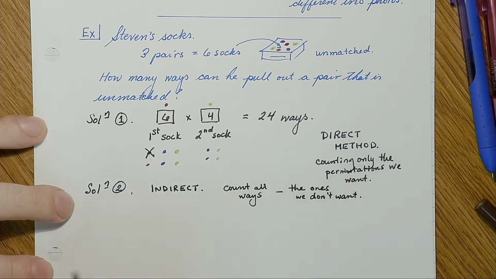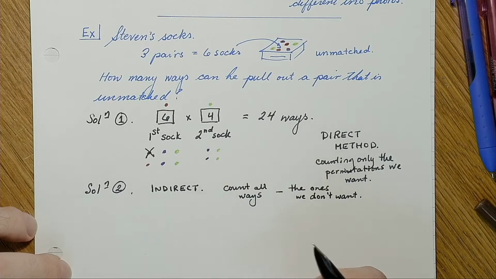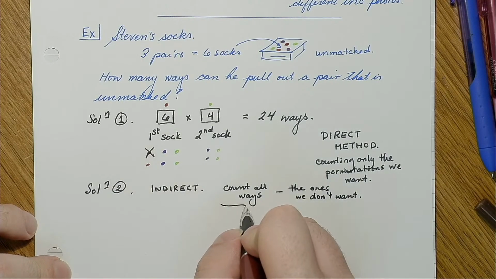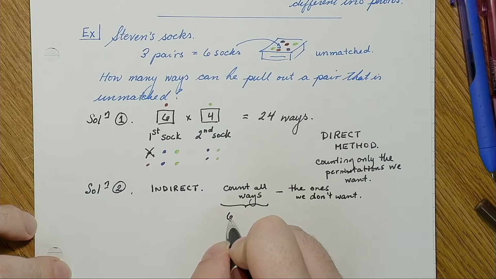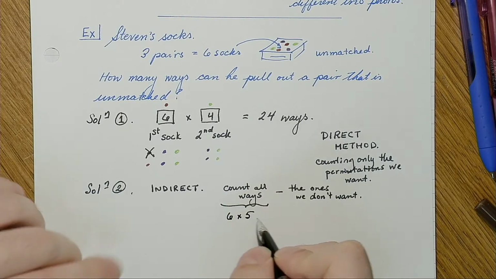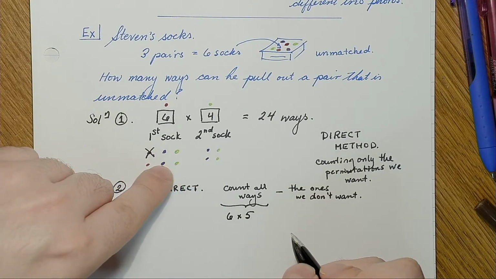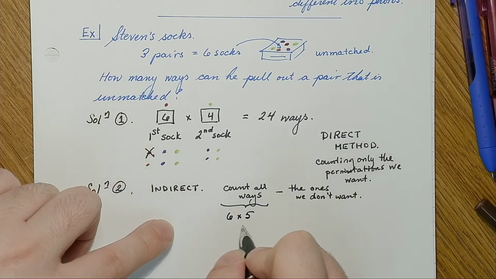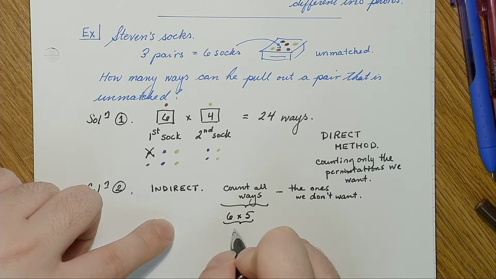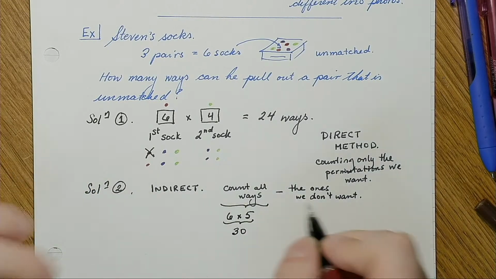So the total number of ways of doing that would be 6 times 5. Right? Because if I had 6 socks, then Steven has 5 socks left over, so there's 30.